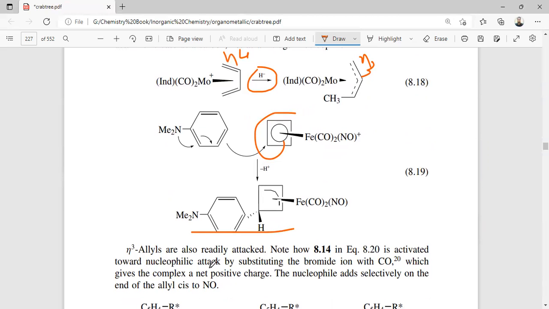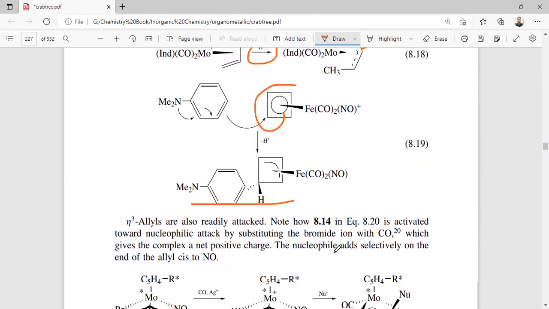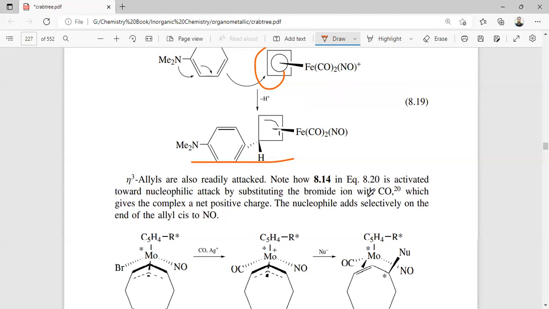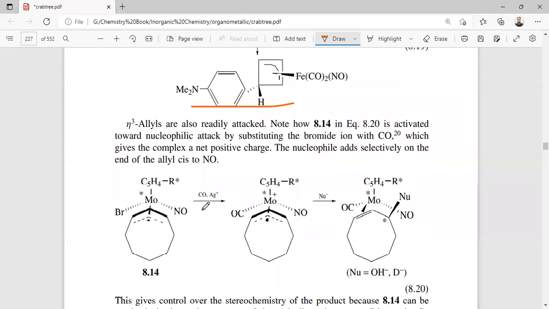An eta 3 allyl can also be readily attacked and is activated toward nucleophilic attack by the substitution of the bromide ion with CO, which gives back the net positive charge. The nucleophile acts selectively on the end of the allyl CH2. So here, this eta 3 allyl is activated toward nucleophilic attack by the substitution of this bromine by this CO, with nucleophilic attack at this metal center.